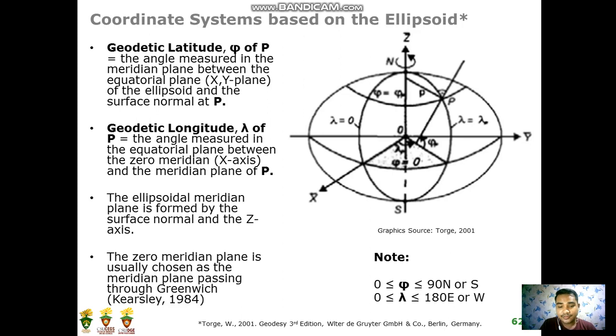Let's take note that latitude is always only from 0 to 90, either north or south. There is no latitude of 110, it is only up to 90. And for longitude, the angle is from 0 to 180, either east or west.